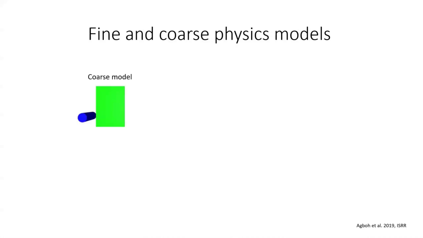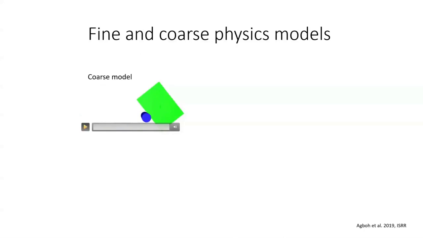Here the cylinder is pushing this box, and your coarse model is quite unrealistic. Let's say it moves like this, but the box isn't really moving how it's supposed to. We have a very simple model of how the box should be moving as it is being pushed by the cylinder. This is a manually coded coarse model.